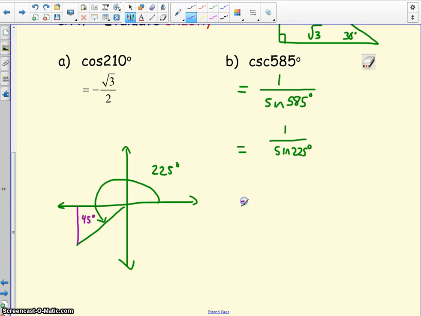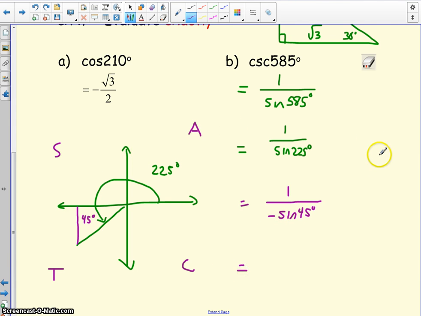So we can use sine of 45 degrees, because it's a related angle, to find the magnitude of our ratio for 225. But again, we always have to check the signs. In quadrant 3, tan is positive, so sine is negative. Sine of 45 on its own is positive, so we have to offset for the change in sign by putting a negative out in front here. So this is going to be 1 over the negative of sine 45.